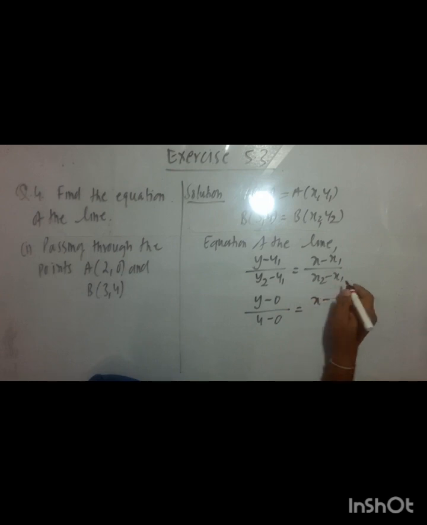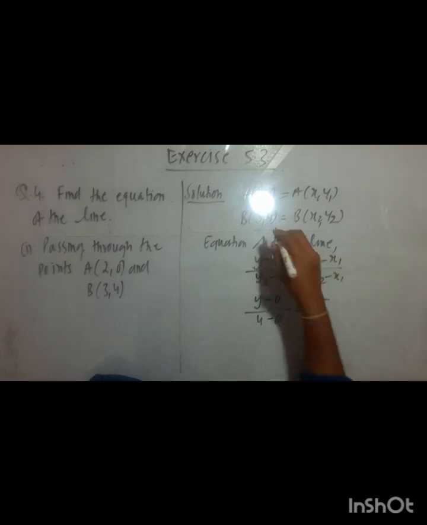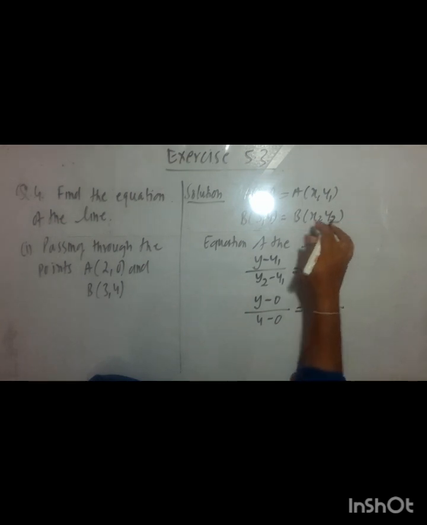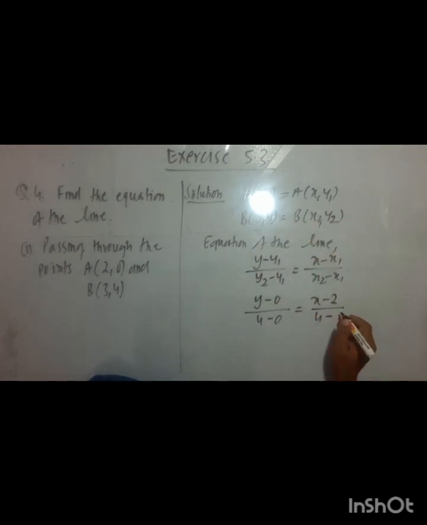Then x minus x1, x1 is 2, and x2 is 4, and x1 is 2 again. So that will be y upon 4, and this is x minus 2 upon 4 minus 2, which is 2.